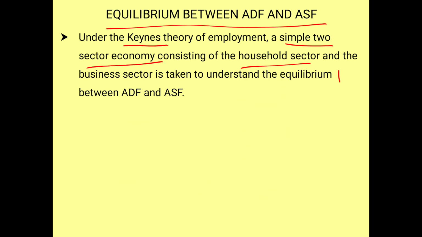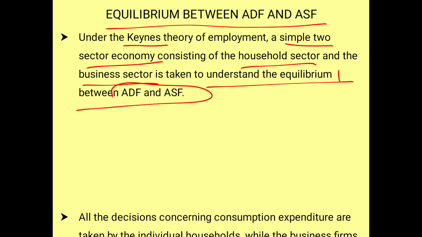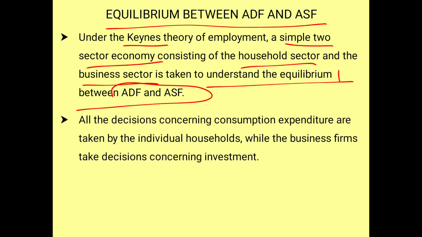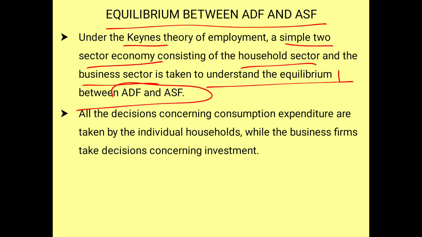It consists of the household sector and the business sector, under which we can bring equilibrium between ADF and ASF. Who decides? All decisions concerned with consumption expenditure are taken by the individual. Any consumption expenditure is done only by an individual.